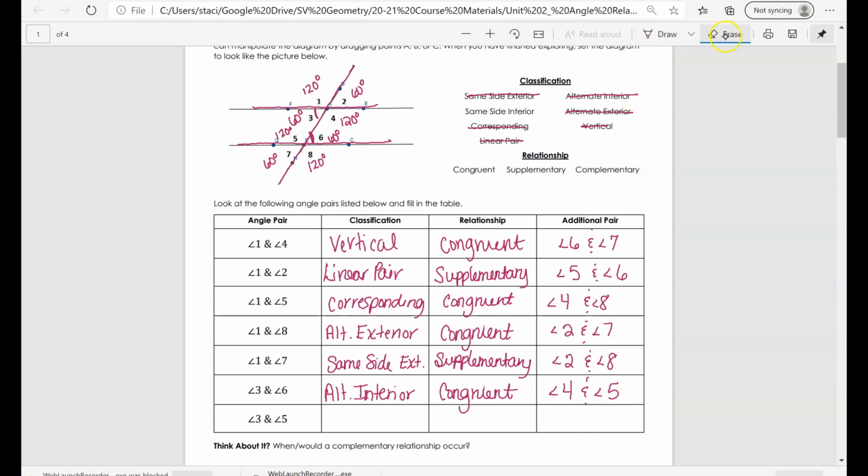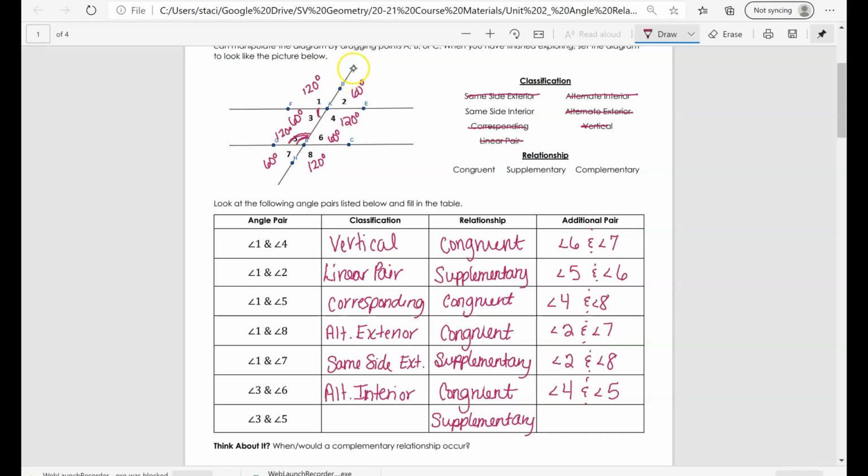By default, since we only have one angle type left, let's go ahead and talk it out. We have angles 3 and angle 5. I'll notice that one is 60 degrees and the other is 120, so we know they're not congruent. 60 and 120 add to 180, so we know these are supplementary. And so let's talk about what they're called.